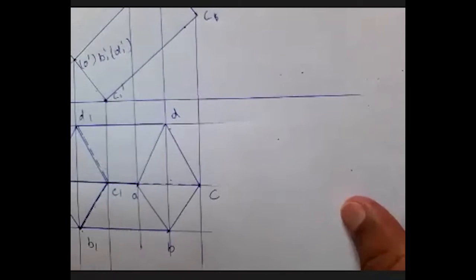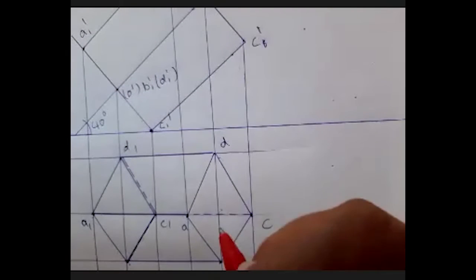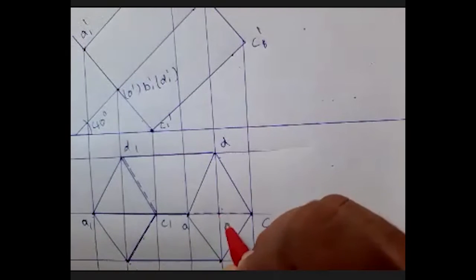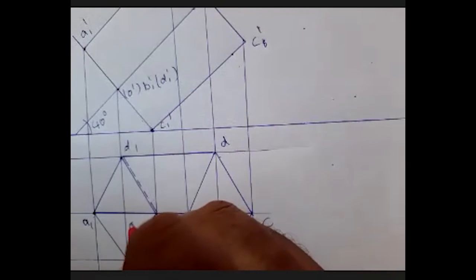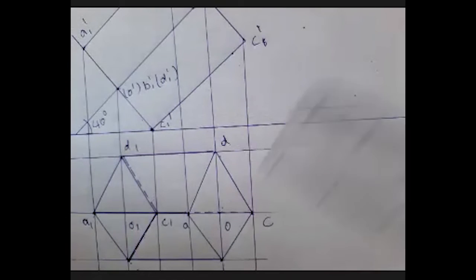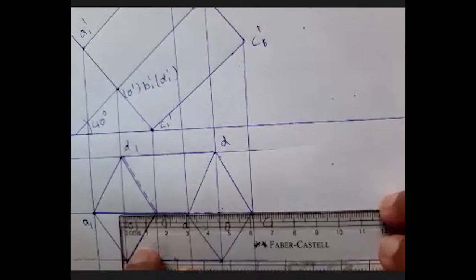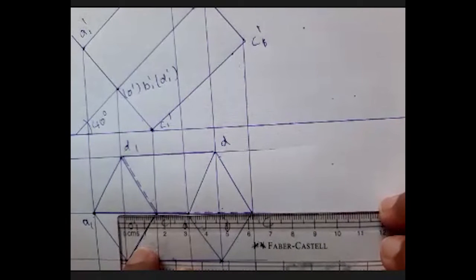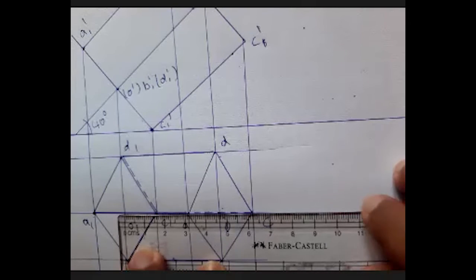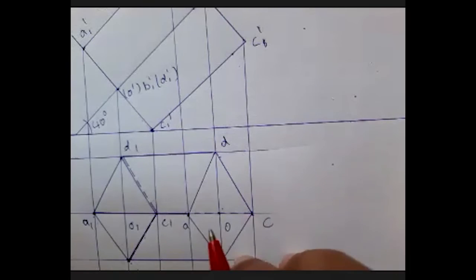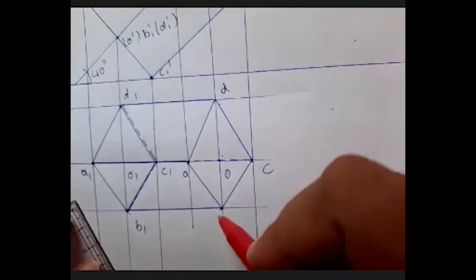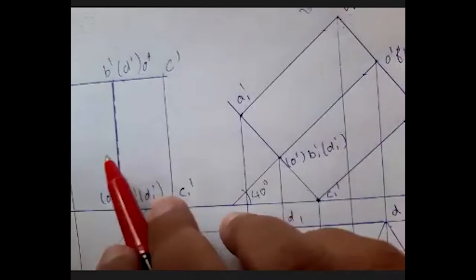When I see the axis, this point for me is O and this point is O1. When I measure O to O1, it comes around 4.65. The axis length in the fourth diagram and the axis length in the first diagram are varying.